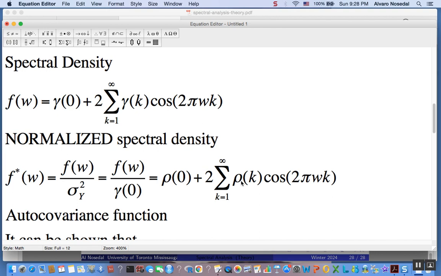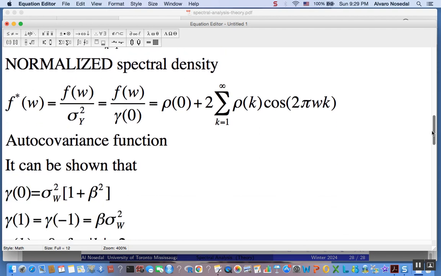Other than that, they are very similar, and you can get the normalized spectral density by just dividing the spectral density by the variance of your process, or in other words, gamma evaluated at 0.